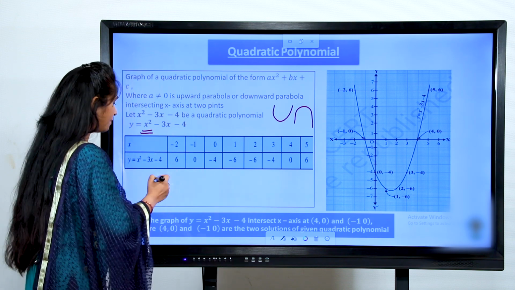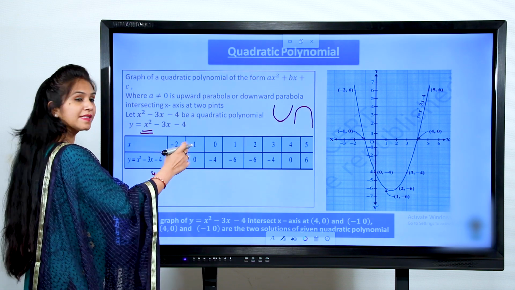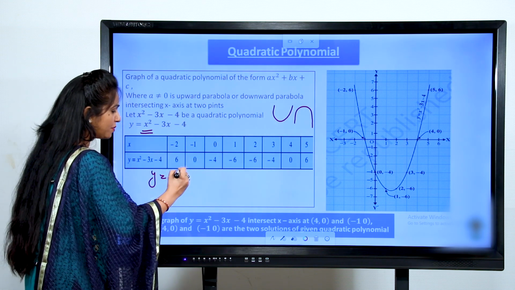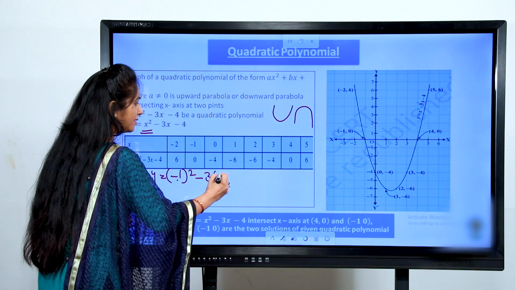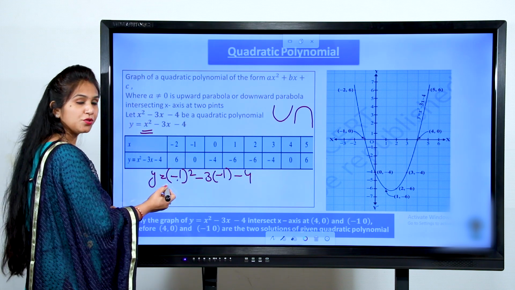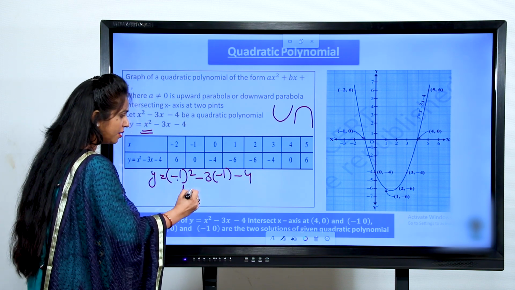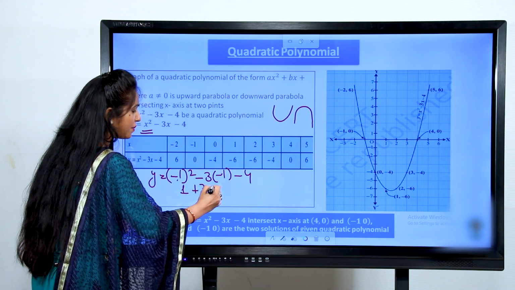Let us take one example. We have y = (-1)² - 3(-1) - 4. Children, (-1)² gives you 1, minus 3 into minus 1 gives you plus 3, and then minus 4.